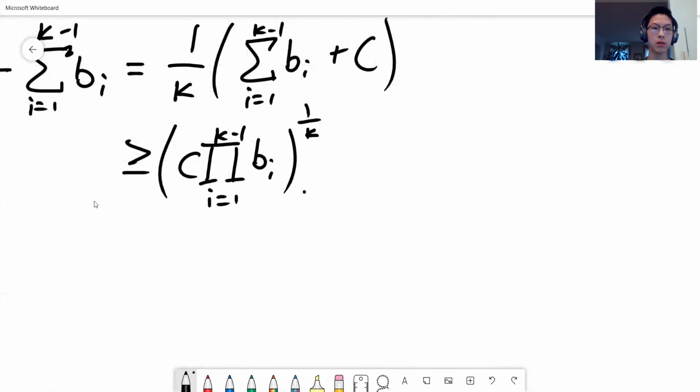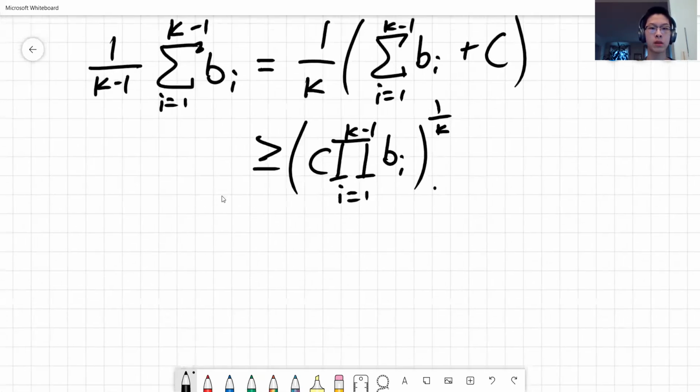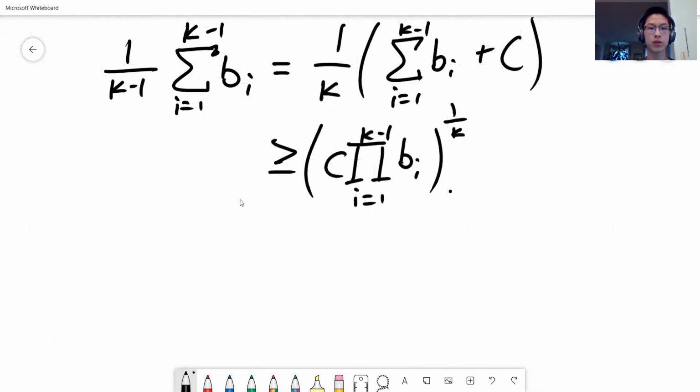And now we're almost done. So let's write this inequality out, and we're going to get what we want.